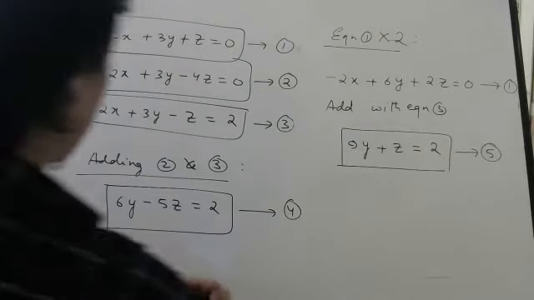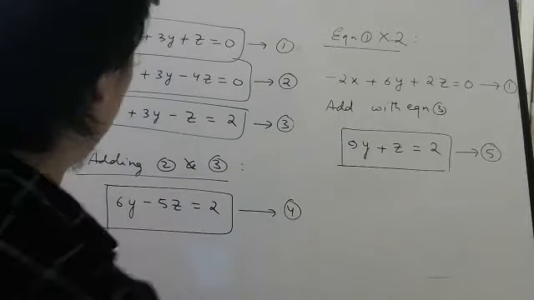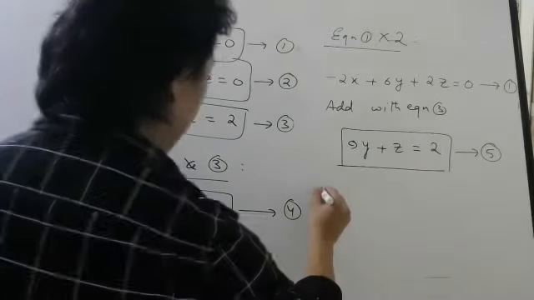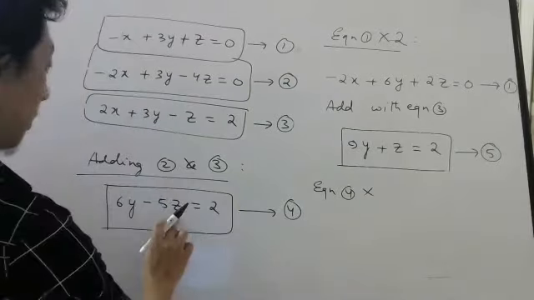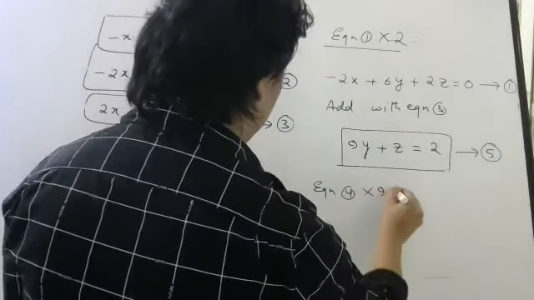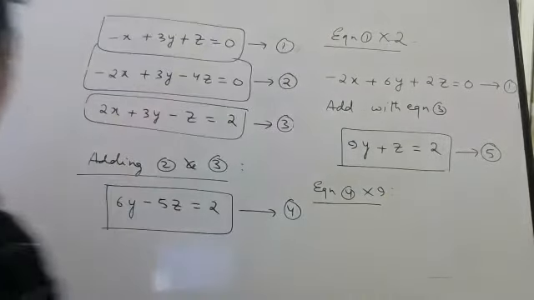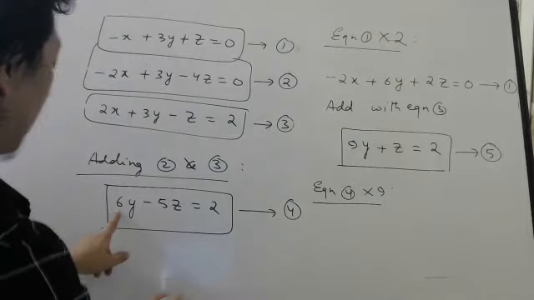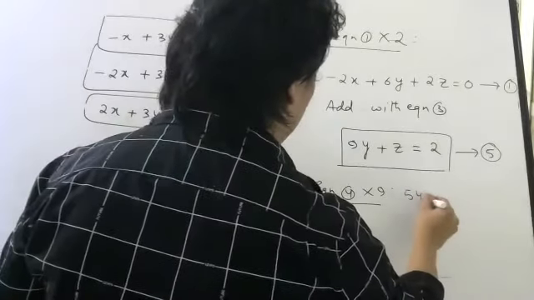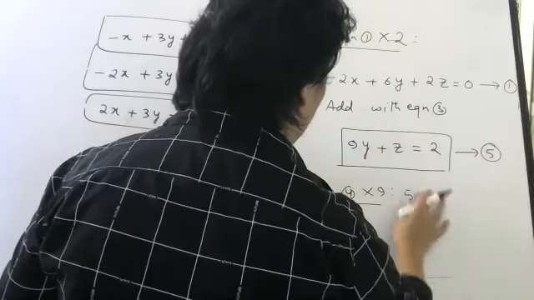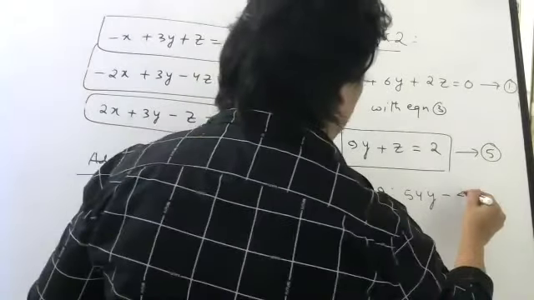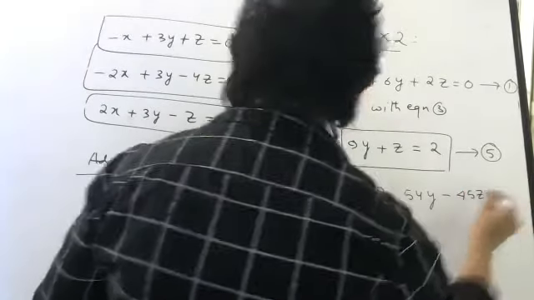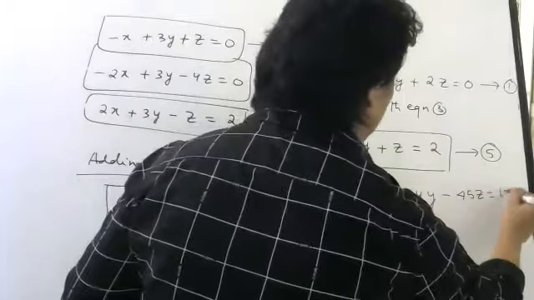So now what I have to do, I have to remove y. So to remove y, equation 4 into 9, let me do. If I do with 9, 9 6s are 54y, minus 9 5s are 45z, 9 2s are 18.